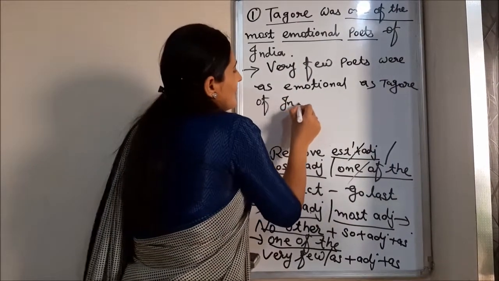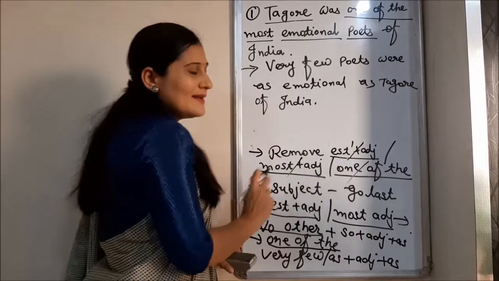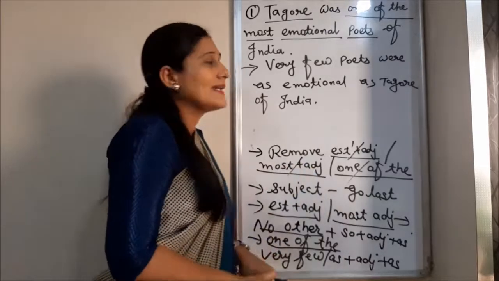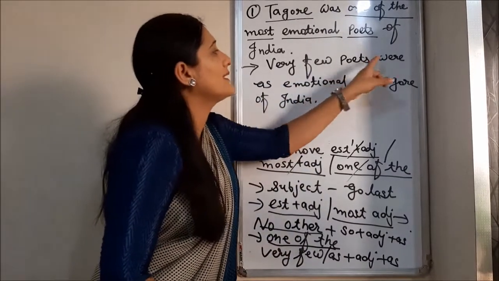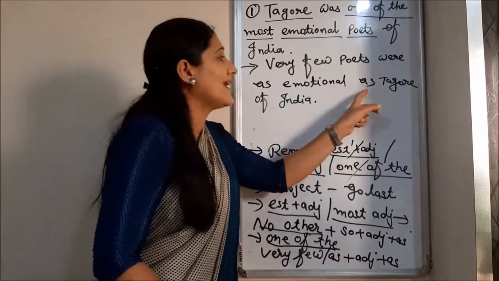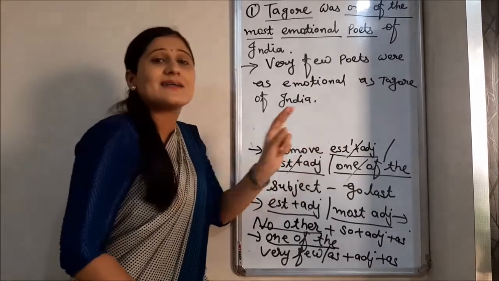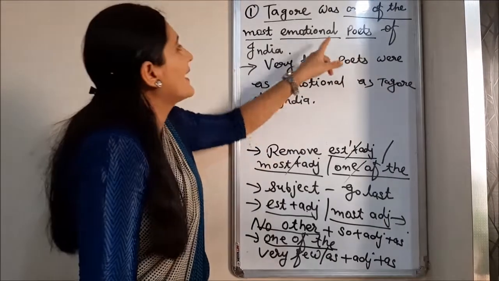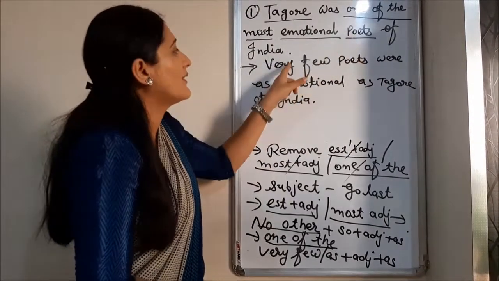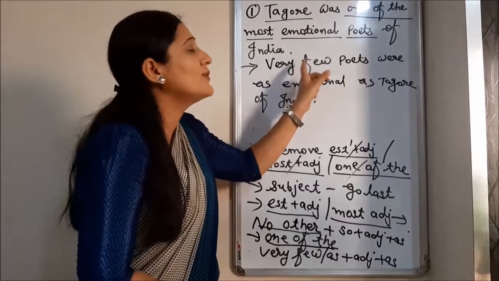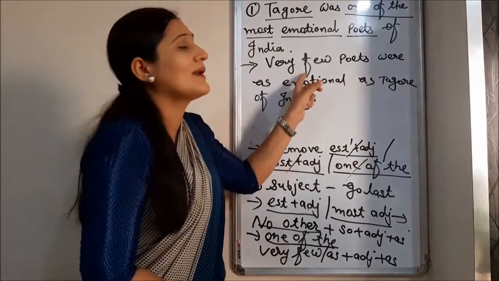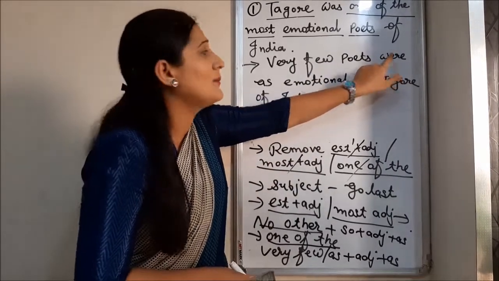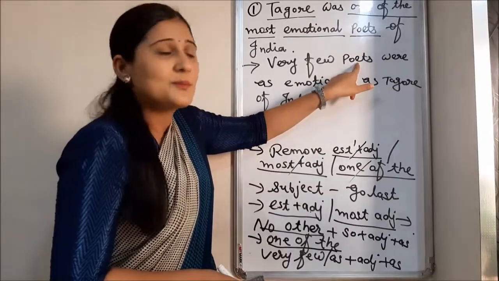This you can take with the first subject or last also. So see, very few poets were as emotional as Tagore of India. Simply see, Tagore will go last and whichever second subject will go first after very few. But very few plus plural noun, no other plus singular noun, right? And we need to write a plural verb because that is also plural, right?